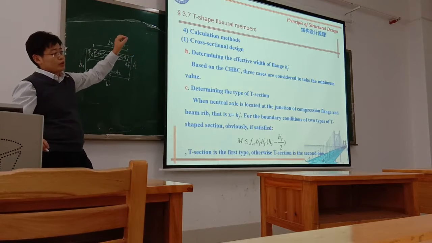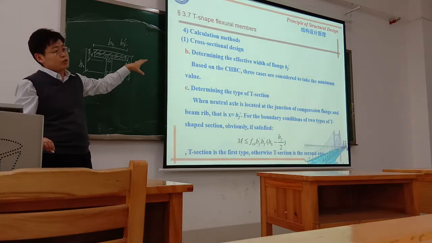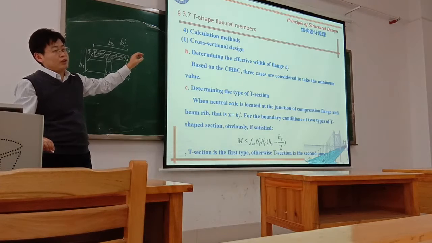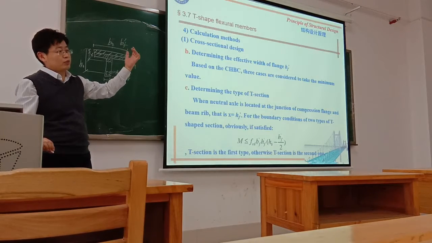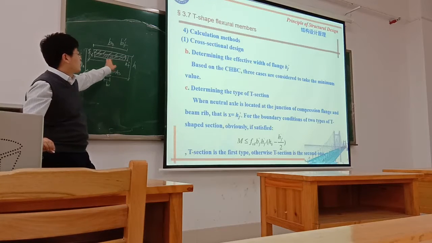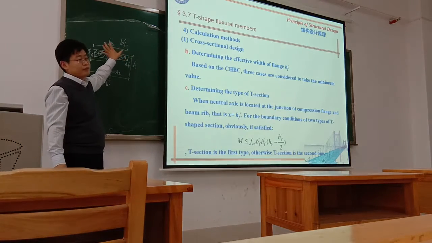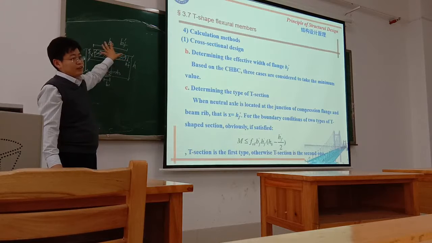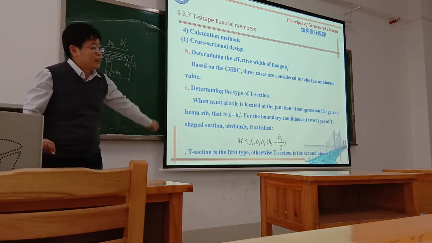We use three different conditions according to the code, get different values, compare these three values and choose the minimum one. Then you get the effective width BF prime for the flange.